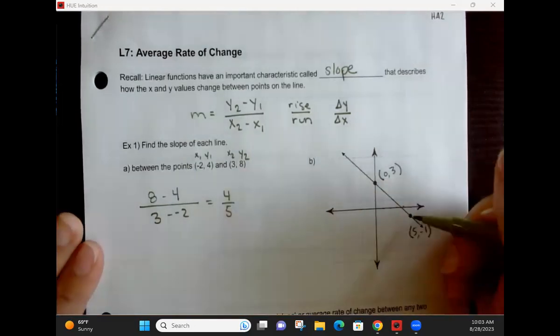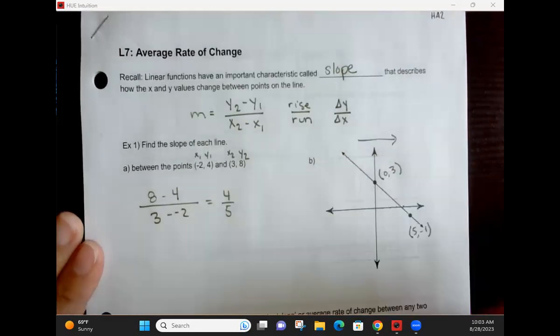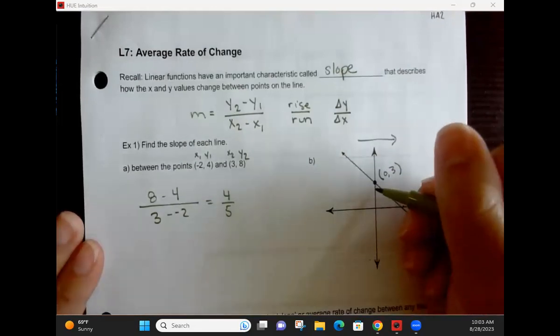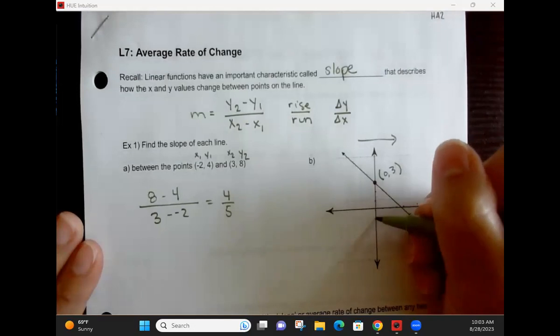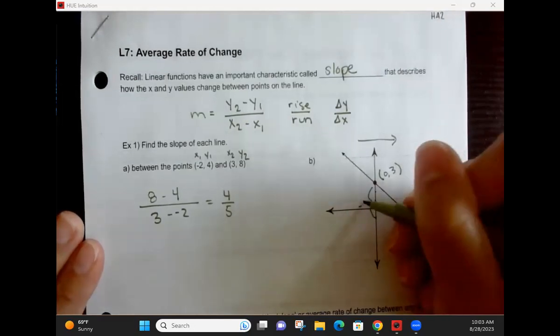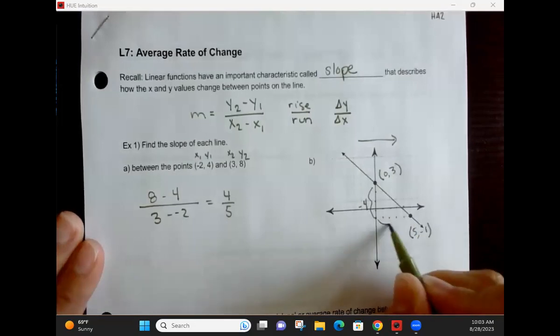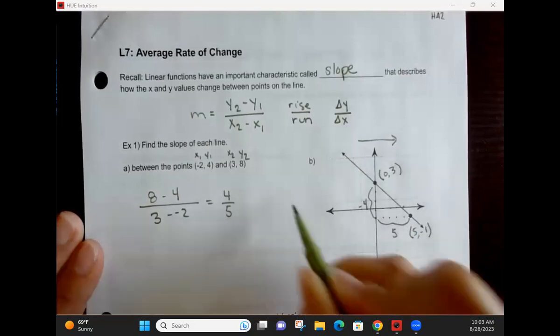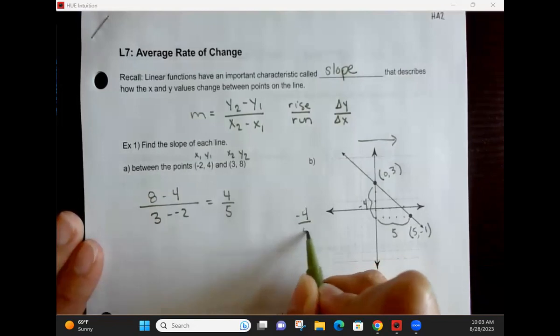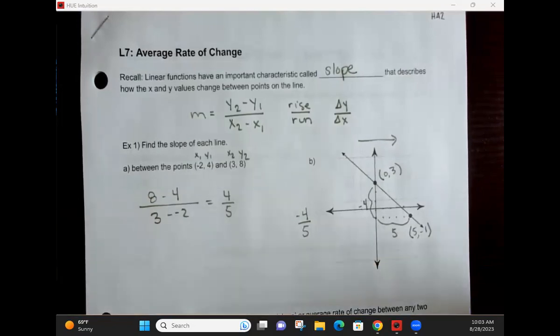From one point to the next, remember we always read graphs left to right, just like words on a page. We're going 1, 2, 3, 4 down, and then 1, 2, 3, 4, 5 forward. So our slope would be negative 4 over 5.